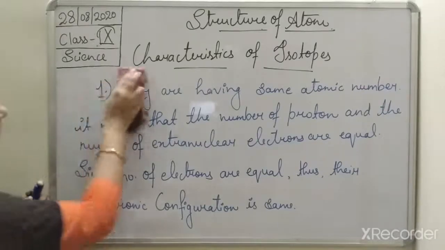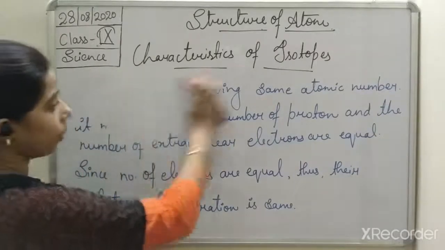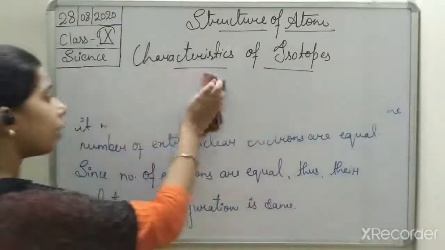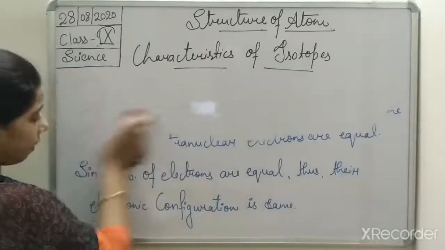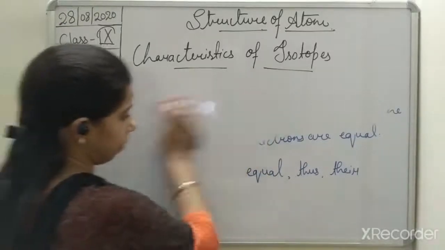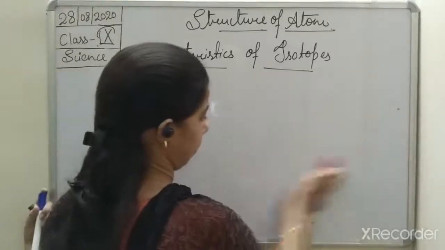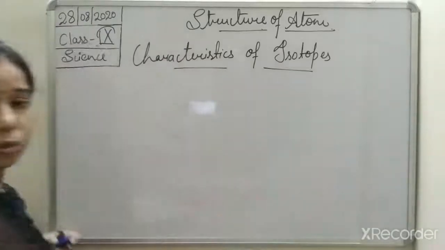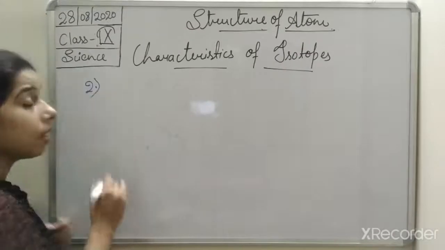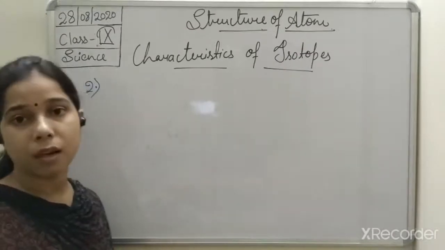In the second one, students, if they have the same atomic number, what will be common with them? If they have the same atomic number, their chemical properties are also the same.